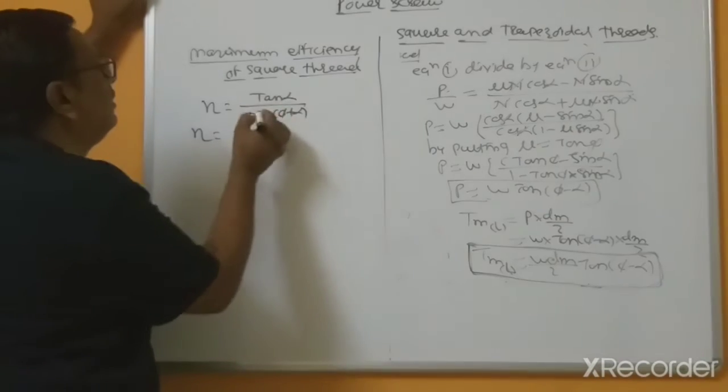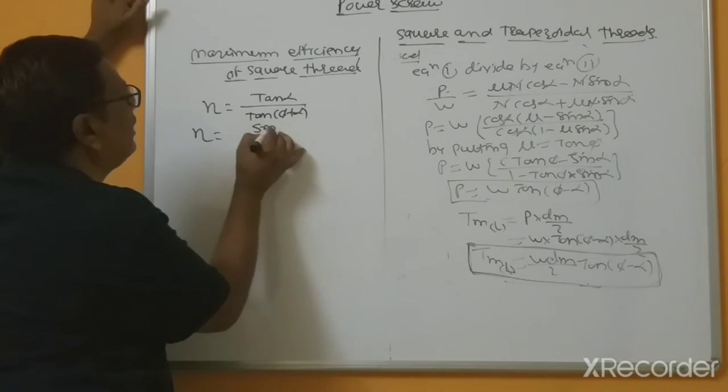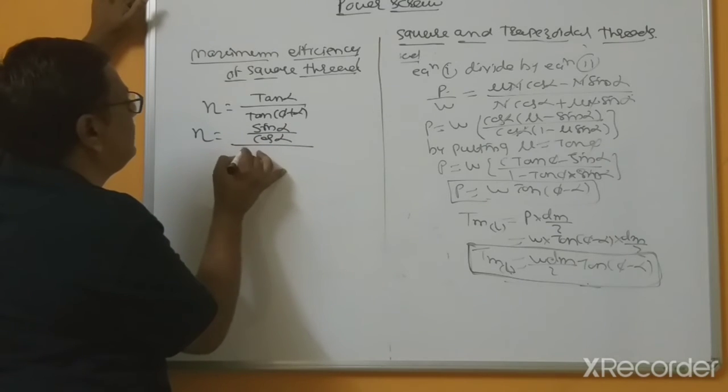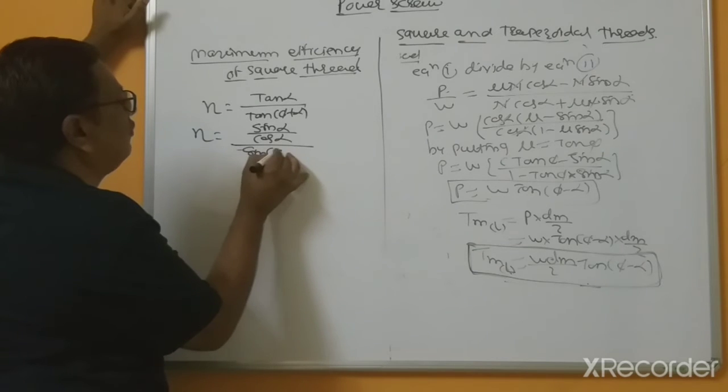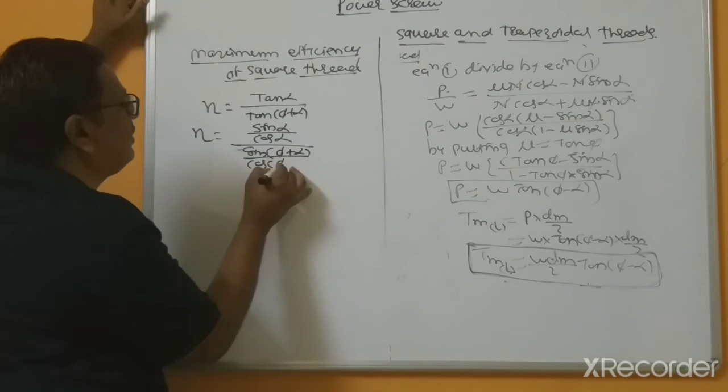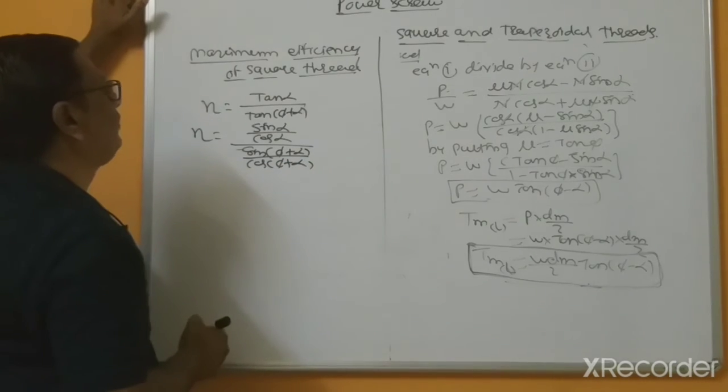So this tan alpha we can write as sin alpha divided by cos alpha, and this is again sin (phi plus alpha) divided by cos (phi plus alpha).